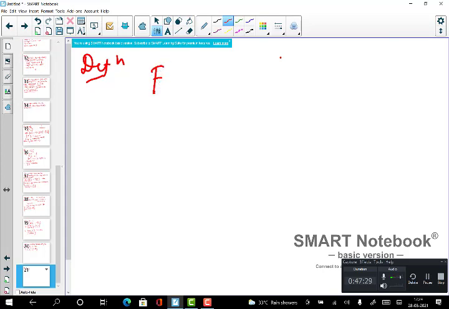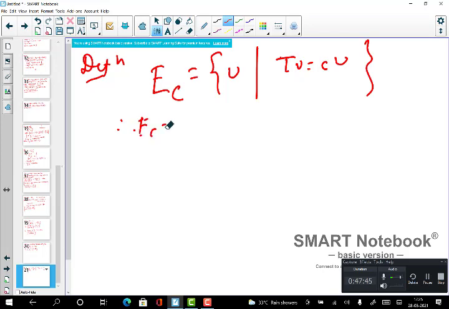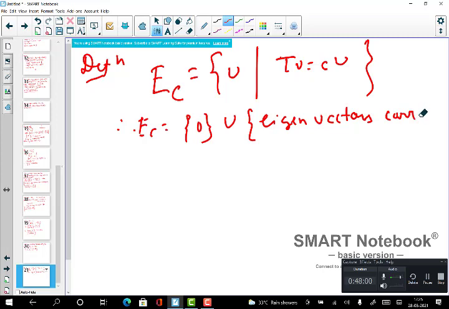Let me write that E of C, for eigenvalue C, is defined by all the V such that TV equals CV. Then obviously E of C is the union of 0 and the eigenvectors corresponding to C.